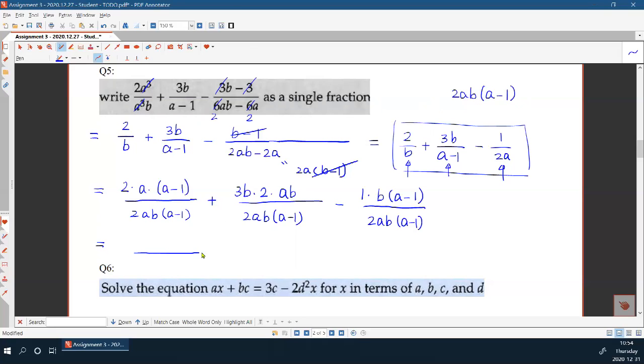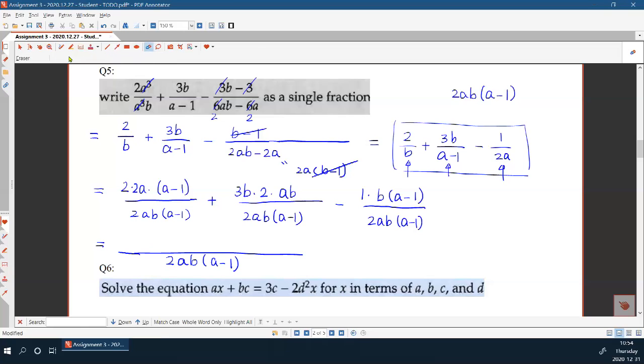And now we can write this expression as a single fraction. The denominator is 2ab times a minus 1. And the numerator is, okay, first term 2, sorry, I missed a 2 here, right?